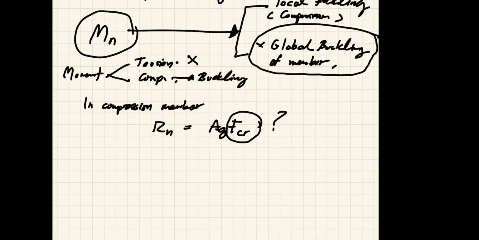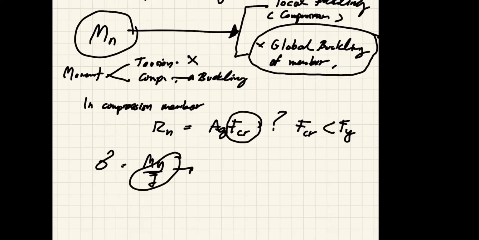It's going to be before you reach Fy, right? Now, when we consider flexural members, it's going to be the same. Generally you have the bending stress equal to My over I, right? Now I over y, we call that the section modulus.